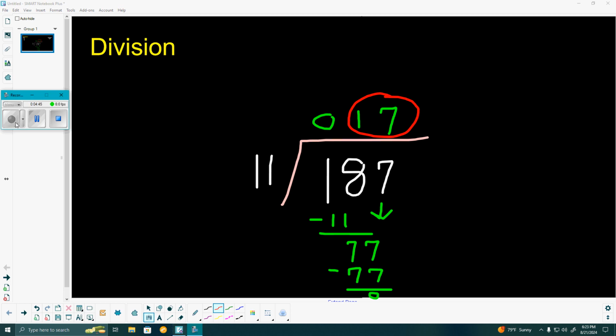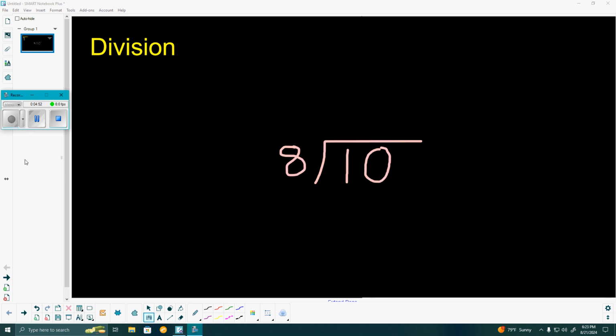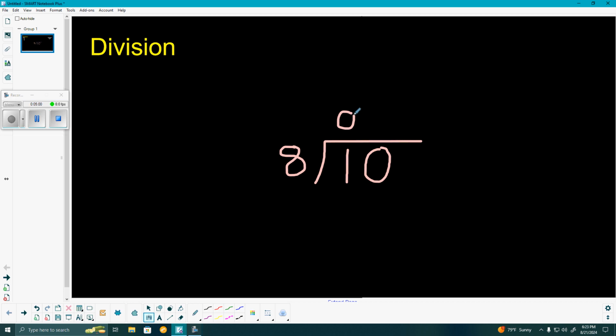Remember to pause the video or go back if you need to. I'm about to switch to a new problem. All right, this time I'm going to do 10 divided by 8. I know that 8 cannot go into 1, so I will put a 0. But 8 can go into 10 one time, and 8 times 1 is 8. So I will do 10 minus 8, which is 2.